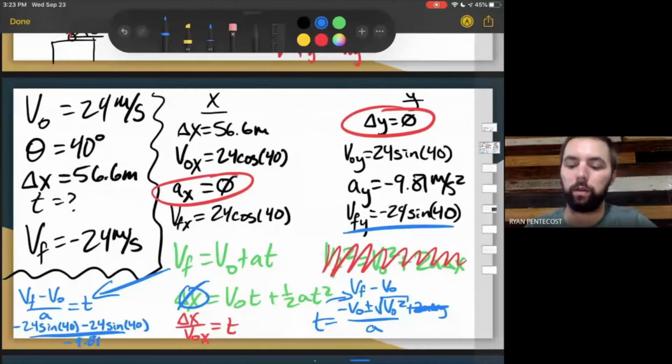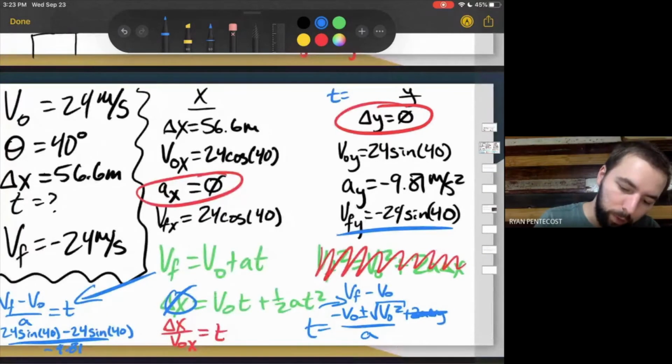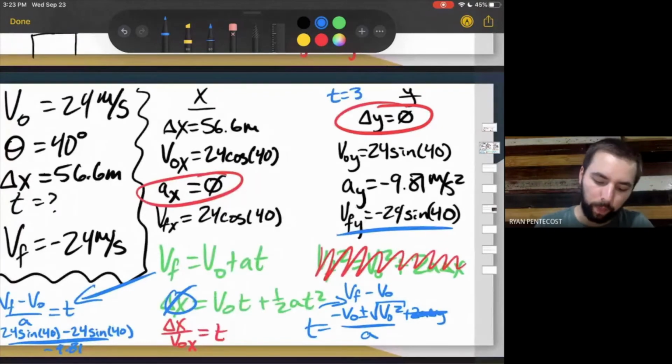Okay, we've got negative 24 sine of 40 minus another 24 sine of 40 divided by negative 9.81. Oops, need some parentheses on that. Come on, calculator. All right, parentheses. All right, so I got 3.14514, kind of close to pi. So over here, t, let's just say it's 3.15 seconds, okay?